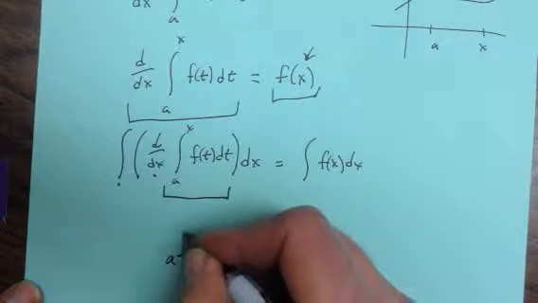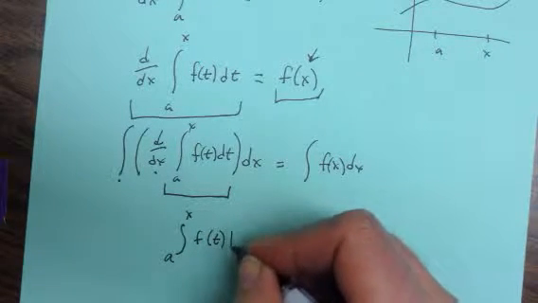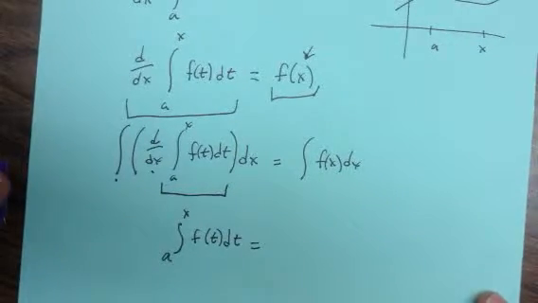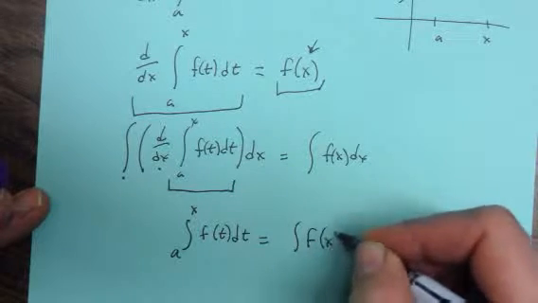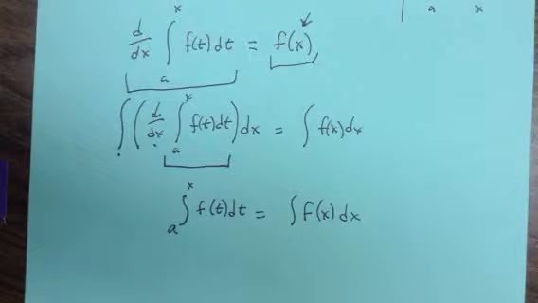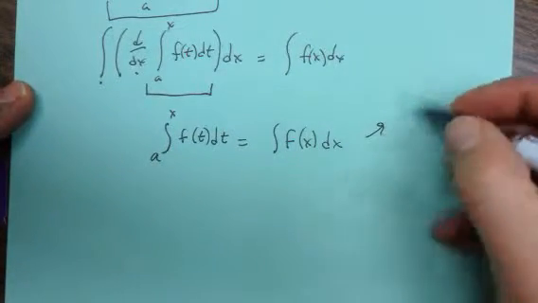So we have the integral from a to x of f of t dt is equal to the antiderivative of f of x dx. So what we're going to do now is relabel, we're going to invent some notation.